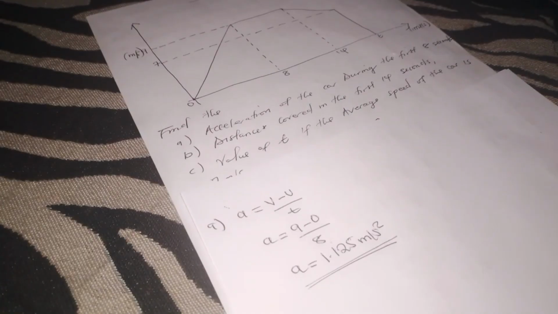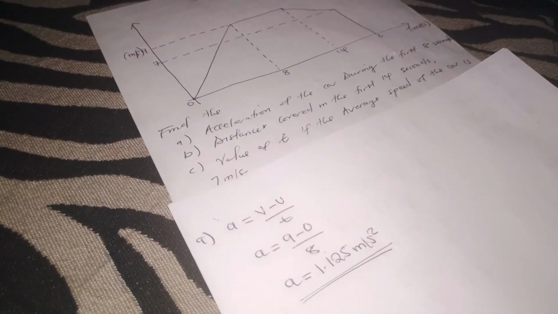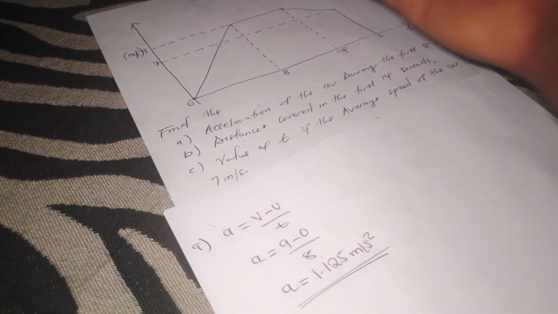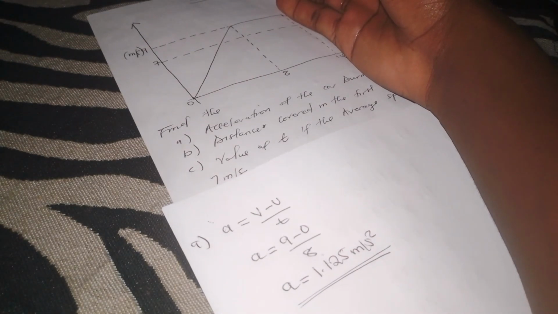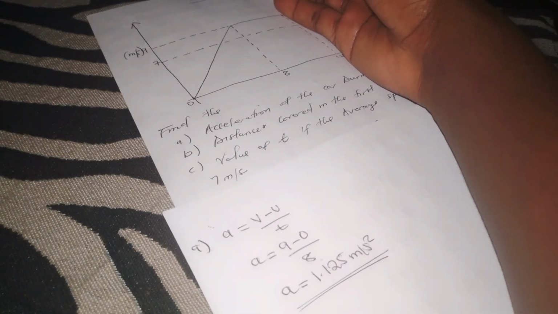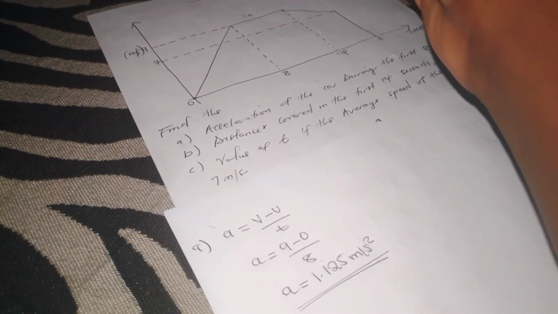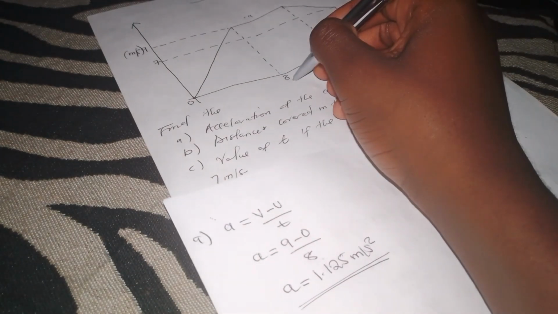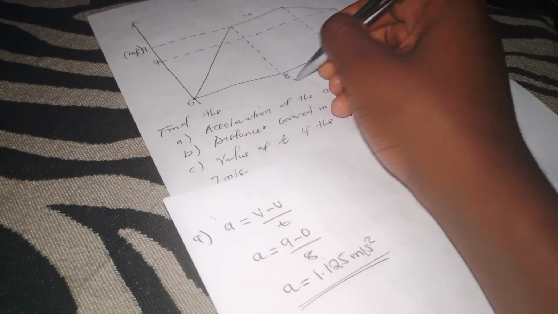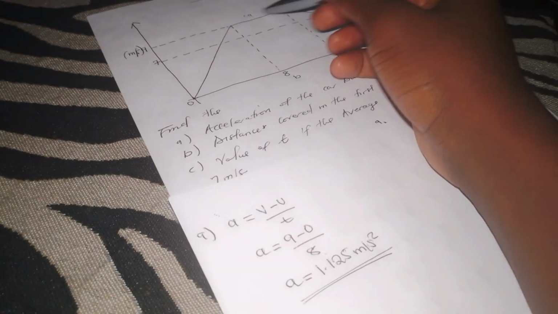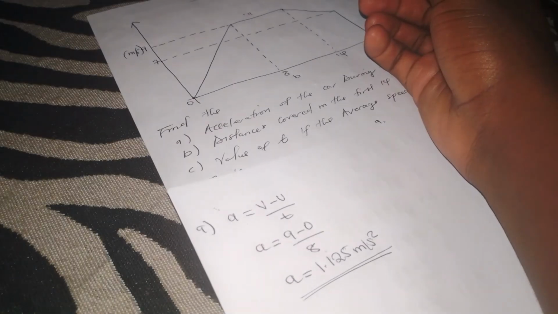Next, B, distance covered in the first 14 seconds. So again, this is the trapezium. Yeah, so we are just going to let this be our A, and this is going to be our B. So from here to there, it's 14 minus 8, it's 6.